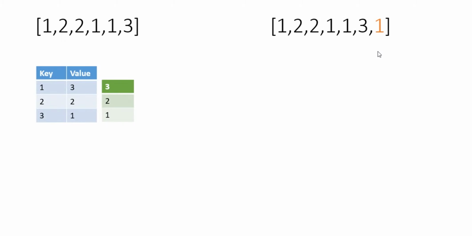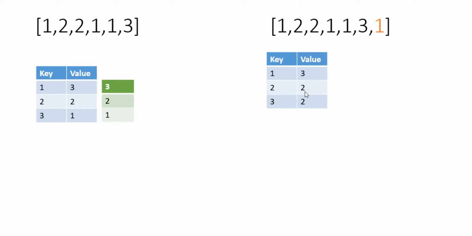But for example, I'm gonna add one element here to make it more clear how this algorithm works. It's the same array as the previous one, we just added one element at the end, so now we have 2 as the value at key number 3. So now we have duplicate values, and we want to detect these duplicates. How are we gonna do this?